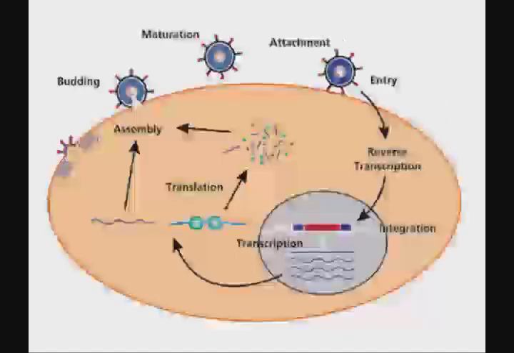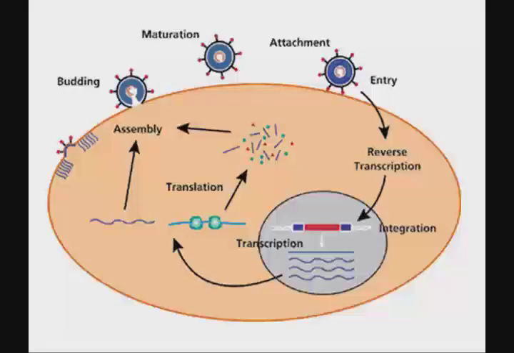Now, some other things I want you to know about viruses, specifically, are called retroviruses. Retro means reverse. So HIV, for example, is a retrovirus. And that retrovirus, when it attaches to the cell membrane and is brought into the cell, it has RNA molecules. And what it brings with it is a very special protein that we do not have, and it's called reverse transcriptase. So this is one example of a breakdown of the dogma of molecular biology.